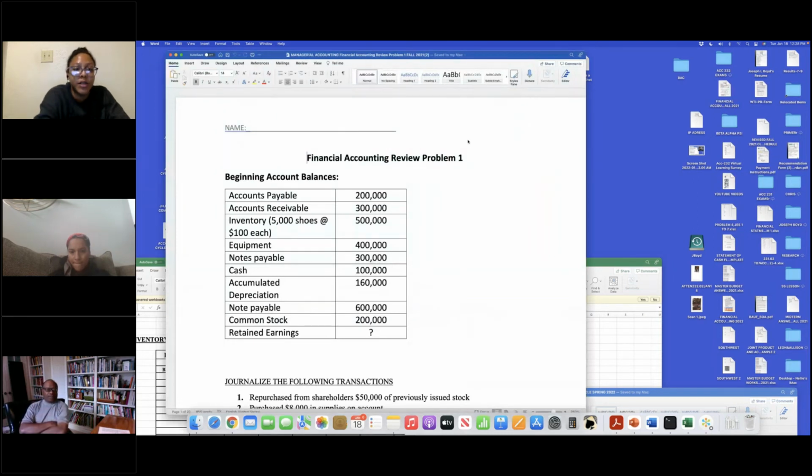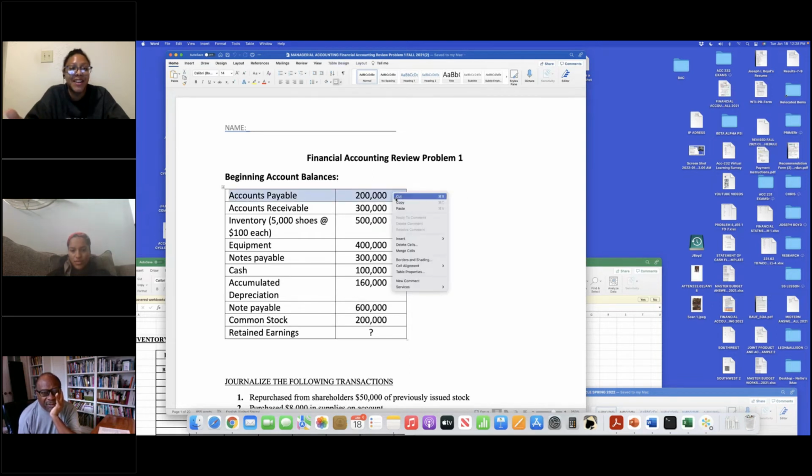Just that retained earnings with the little question mark. Did you want me to figure that out before I do everything? Yeah, you've got to put it in your beginning balance. That's what I was confused about last time, how to figure out the retained earnings. You said to take my debits from my credits.